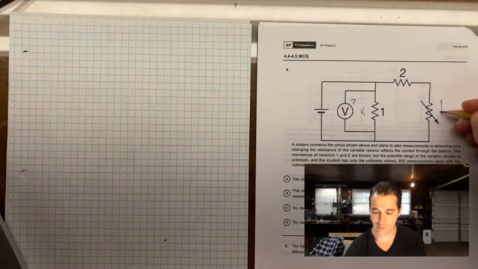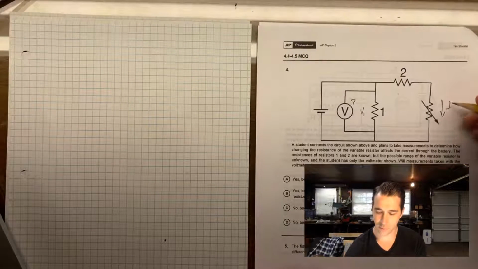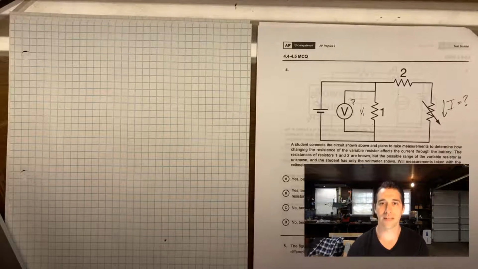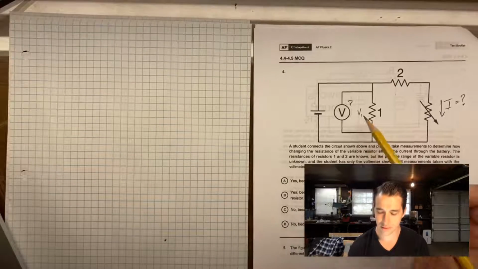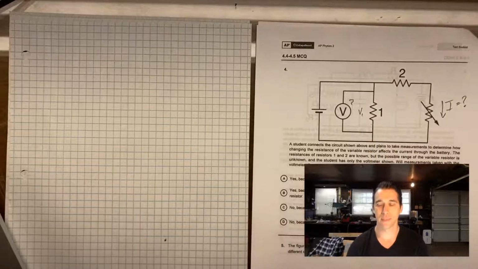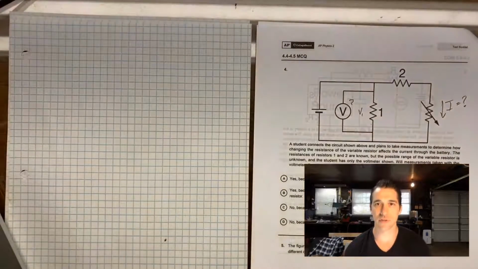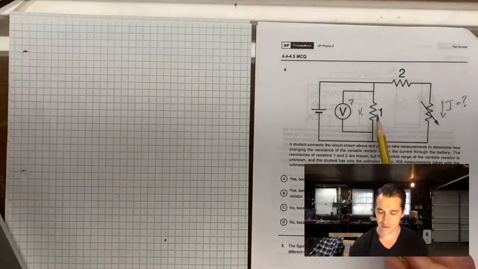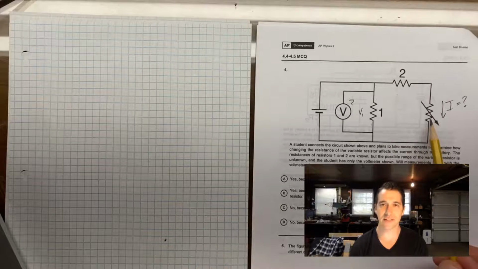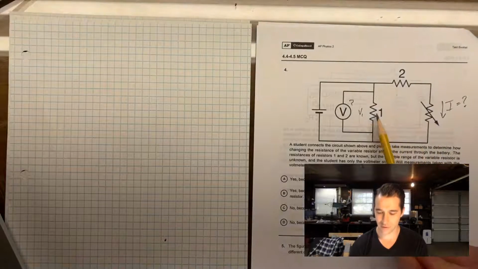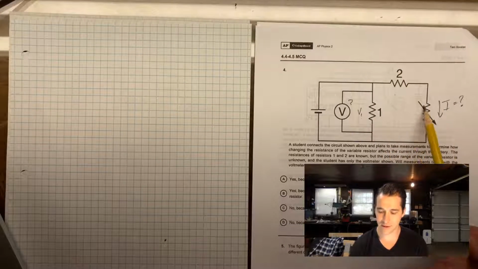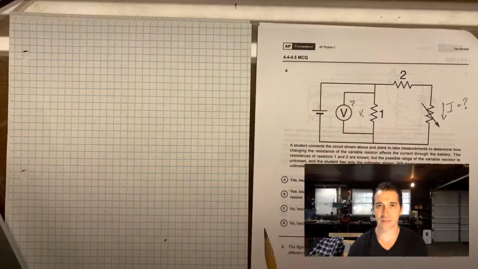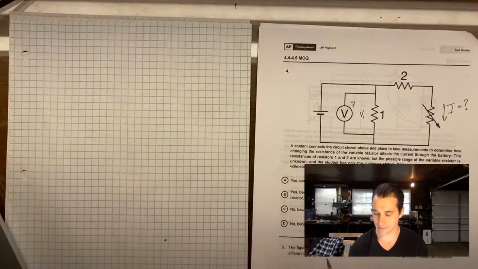Would we be able to figure out what I over here is? If we know this, can we find this? So let's think about what we know about these complex circuits. We have some resistors that are in series, and the series combination is parallel to this other resistor. Let's just ignore the voltmeter for a second and think about what's going to happen here.